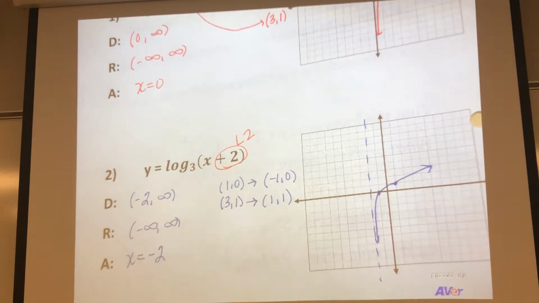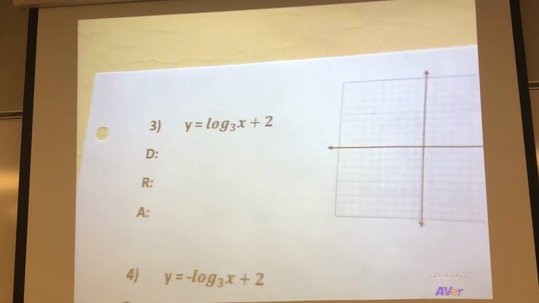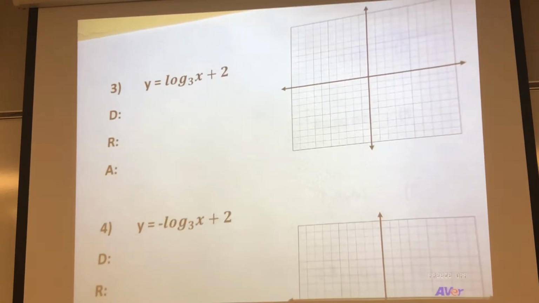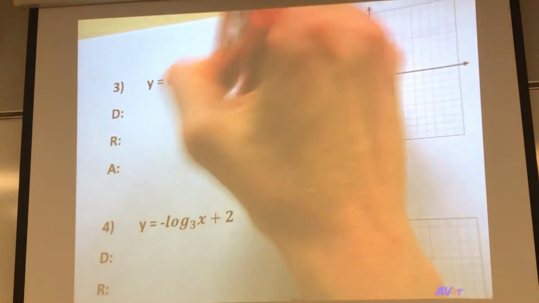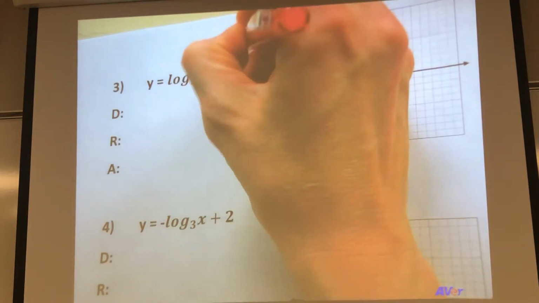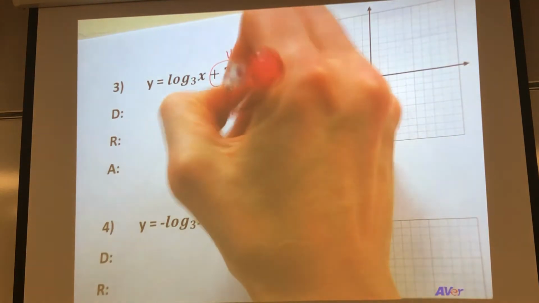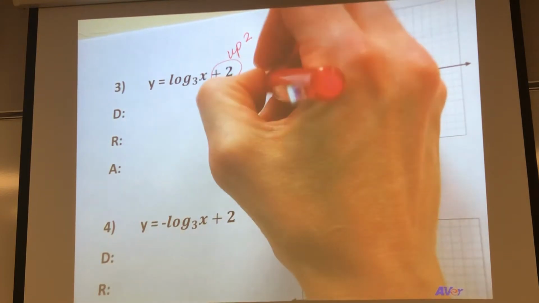All right, let's try a couple more graphs with some transformations, all using those same original points and just transforming them. Notice this time that our plus 2 is on the outside of the function. When it's on the outside, that tells us that we're going to move up 2. So we're going to take those original points, 1, 0, and 3, 1, and we're going to move them both up 2.